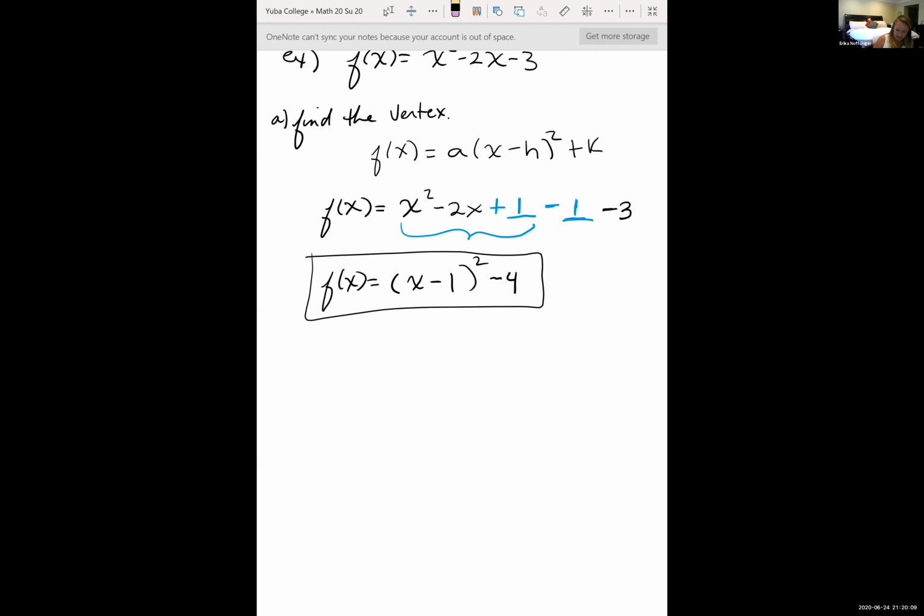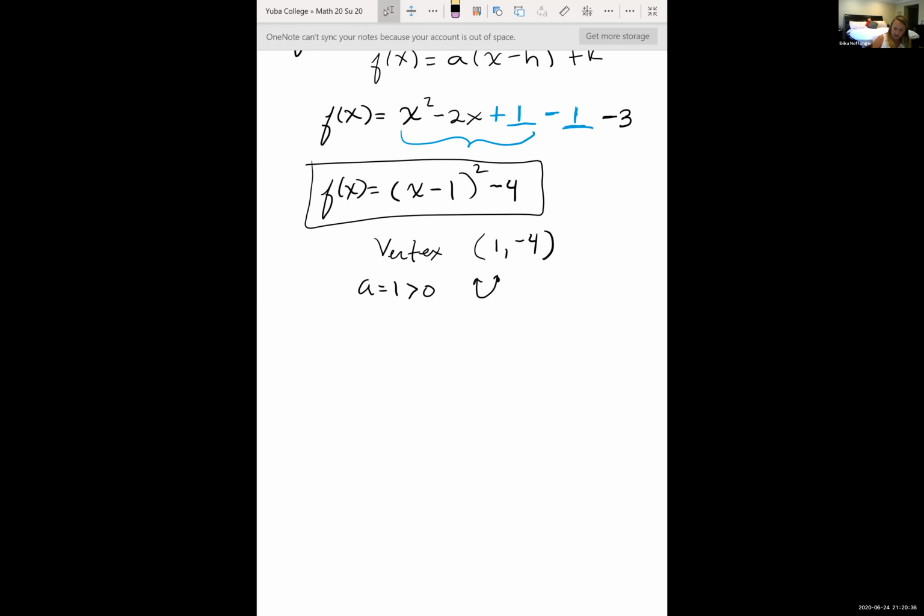You should be able to identify what the vertex is. Opposite sign, because you're going the opposite direction when it's inside, so it's +1. We're going to go down 4, so -4, the vertex is 1, -4. Your A value is equal to 1 here. It's greater than 0, so I know my parabola is facing upwards.